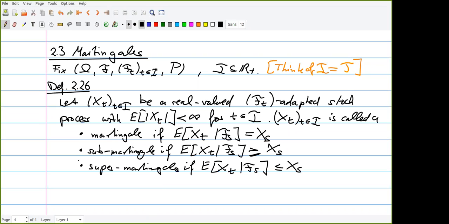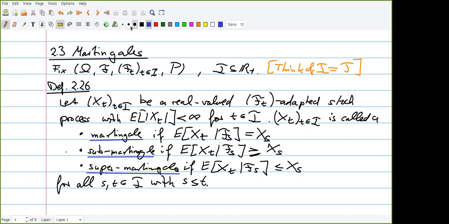So in terms of a game, a super martingale is not good. And this has to hold for all s, t in I with s less than or equal to t. All right, let me mark this: the martingale, sub-martingale, and super martingale.